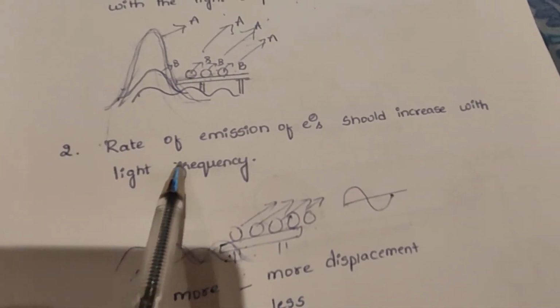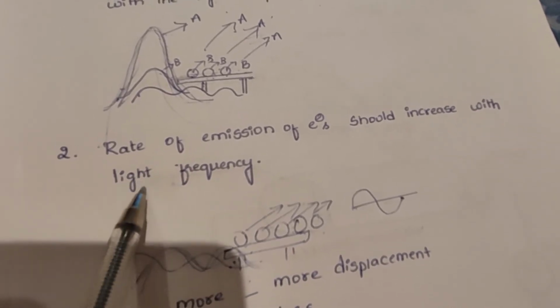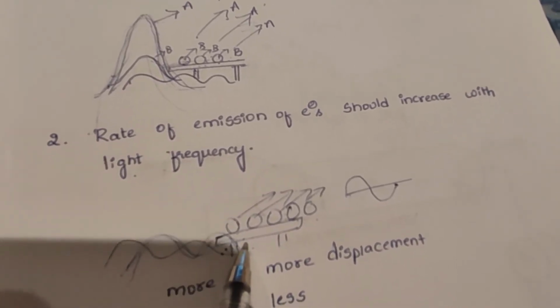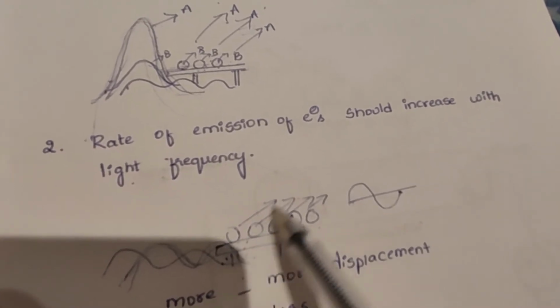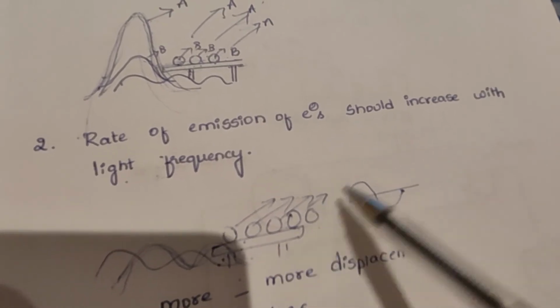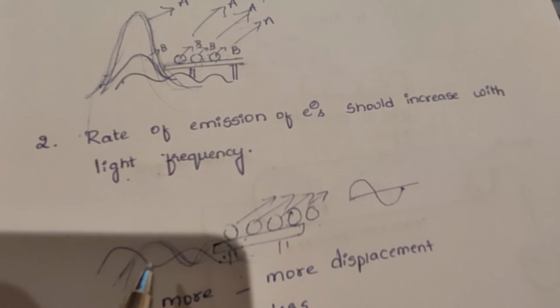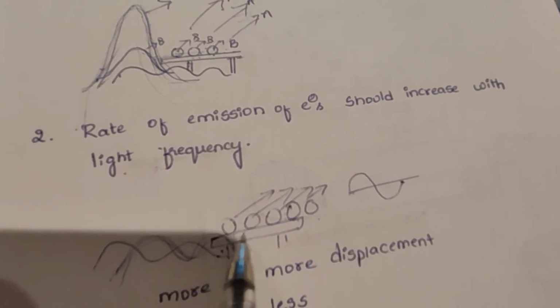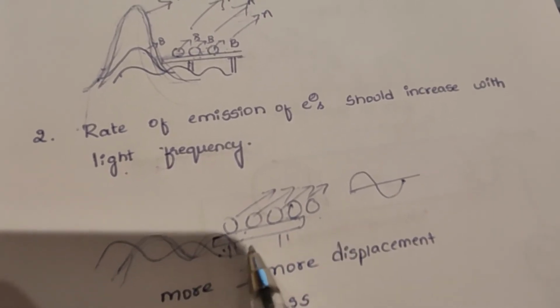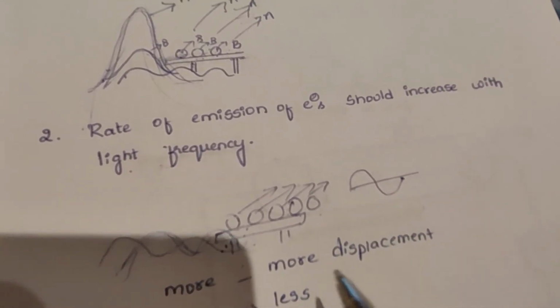Similarly, when higher frequency light hits the metal surface, the electrons ejected will be more; the rate of emission will be more. If lower frequency light hits the metal surface, the rate of emission of electrons will be less.